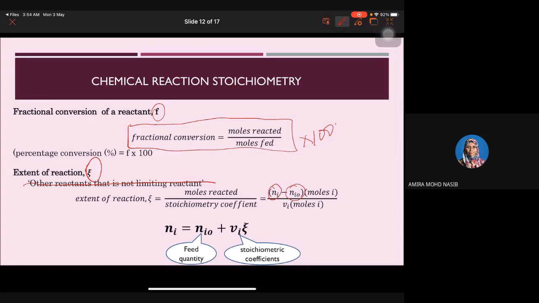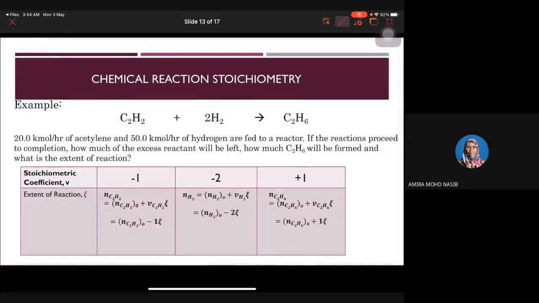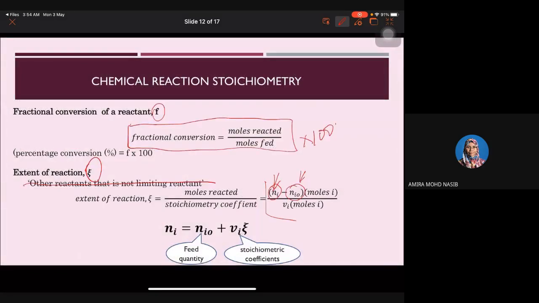Sorry, this one is moles of reactant or product at a certain time or at the end of the reaction, and this one is moles of product or reactant at the beginning of the process. Once you rearrange, you get this value.